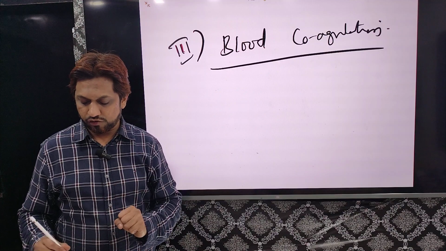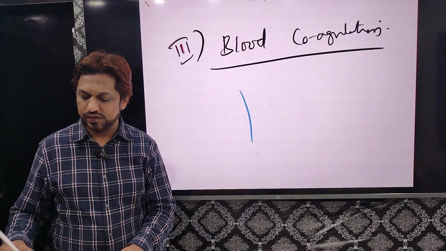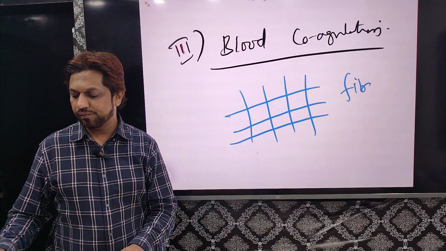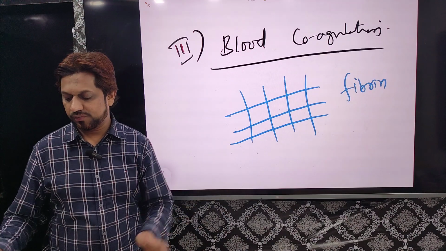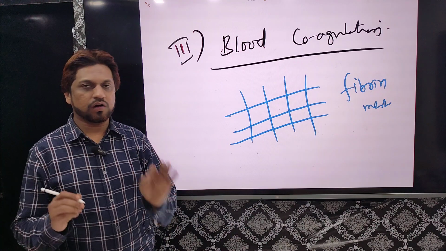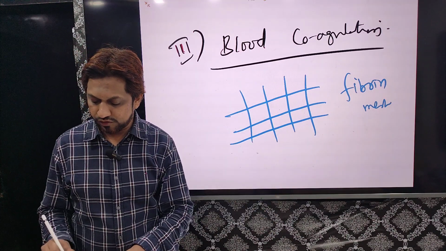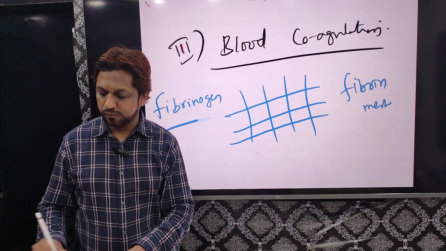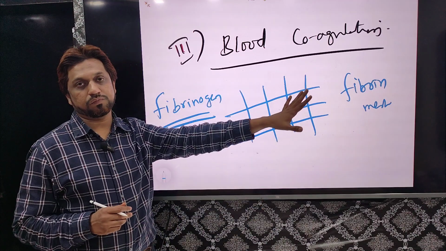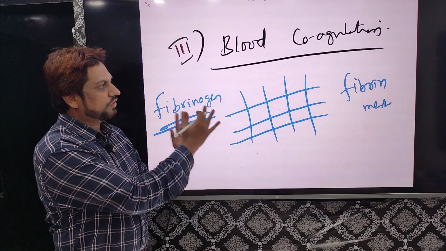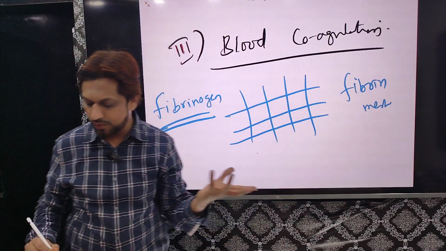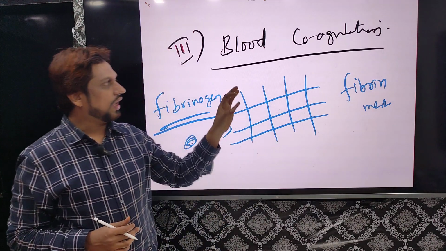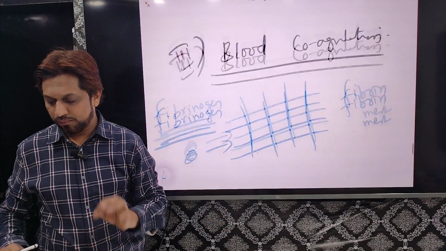Now actual clot formation means formation of this meshwork, a network of fibrin mesh. This process of formation of the fibrin mesh from a plasma protein fibrinogen is simply known as blood coagulation. Now how exactly is this fibrinogen, a plasma protein, converted to this fibrin mesh to form the blood coagulation or blood clot?